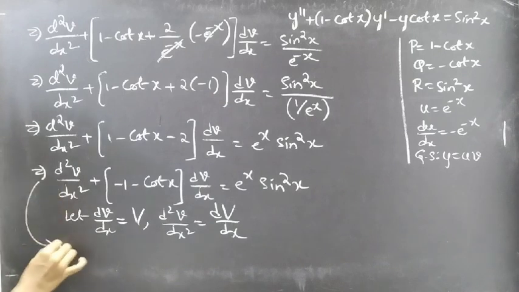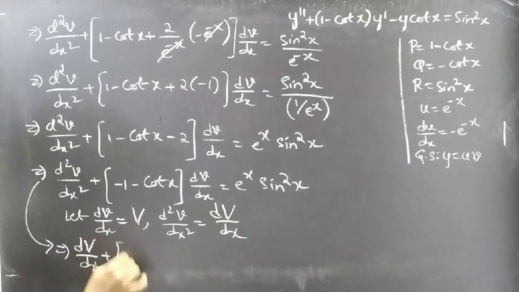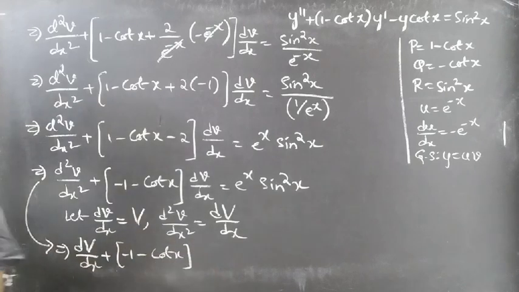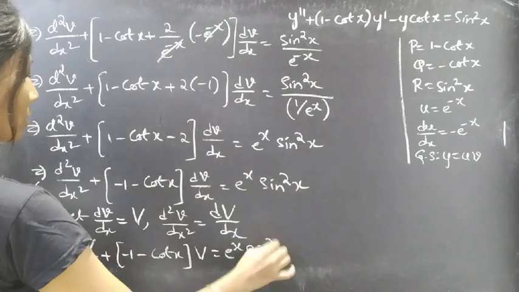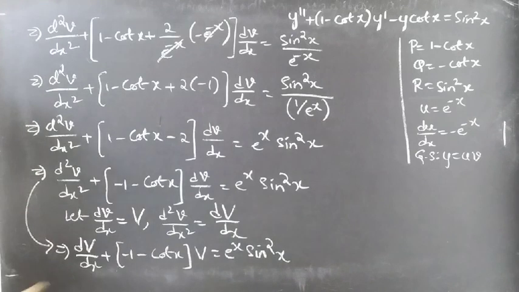Now the above equation becomes dV/dx + (-1 - cot x) V = e^x sin²x, which is a linear equation in capital V and x.